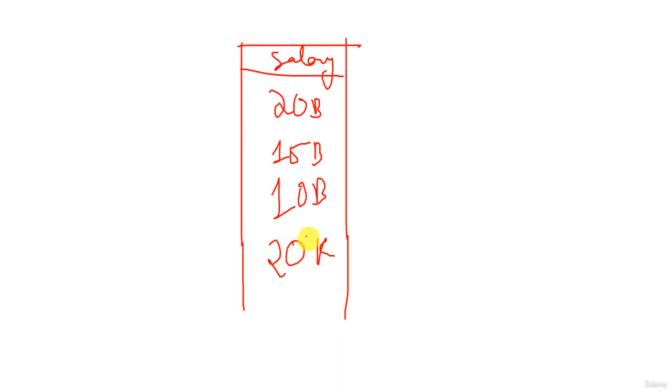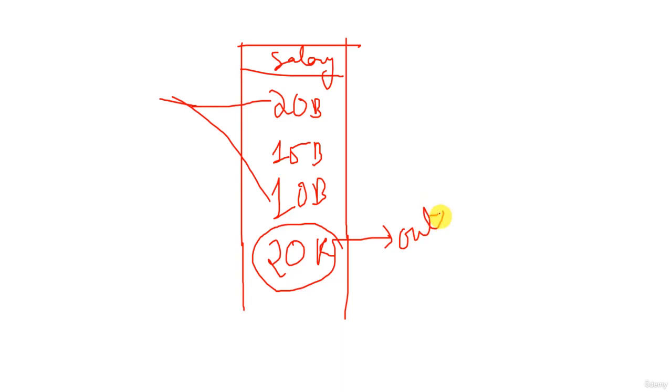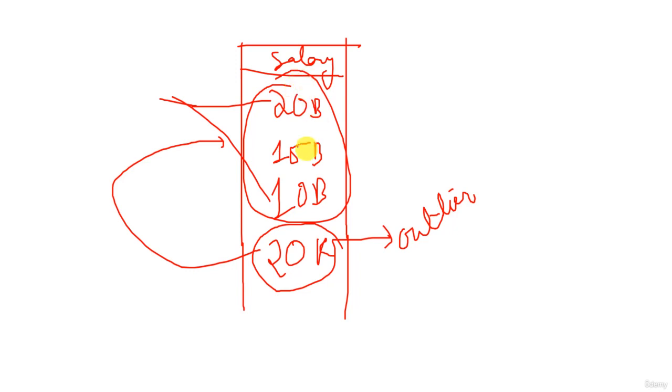You can clearly see the majority of people here have the higher value. This smaller value will be our outlier, because it does not come into the standard scale of the majority of values inside our column. In this way we can find which one is an outlier.